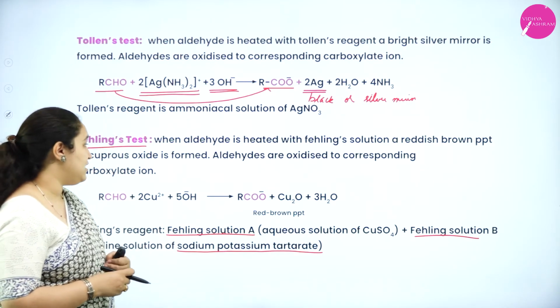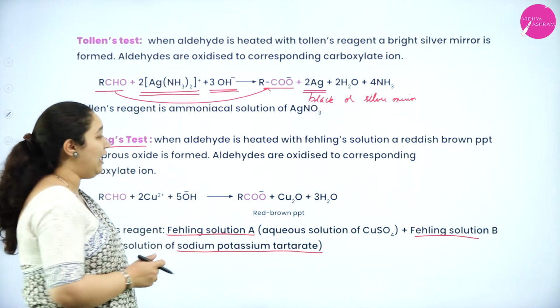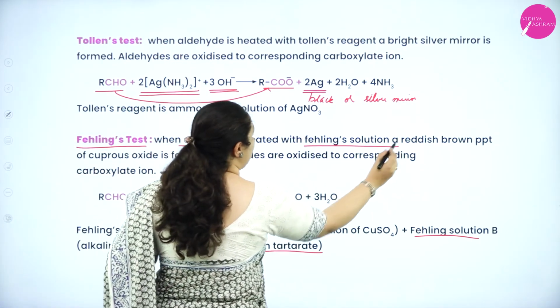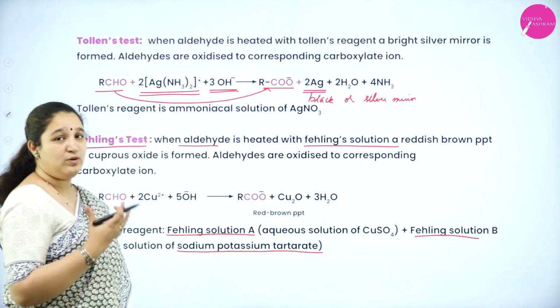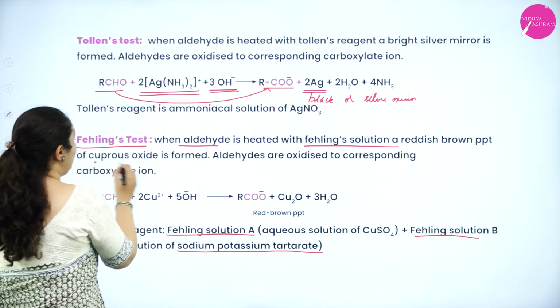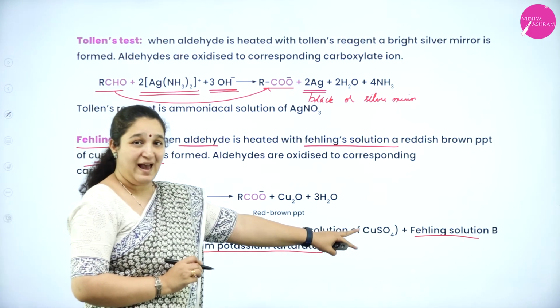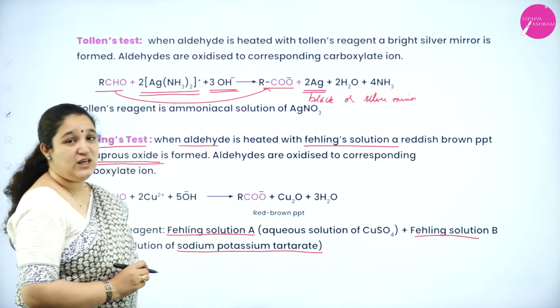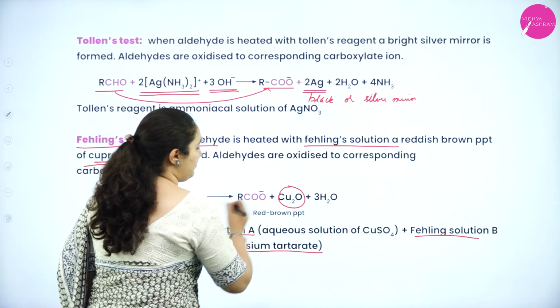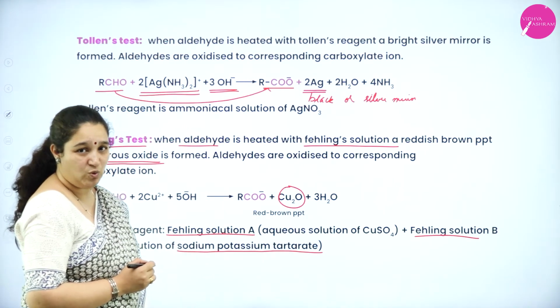Now, the Fehling's reagent, when it is heated with aldehyde, okay, then a reddish brown precipitate of cuprous oxide is formed. We know copper sulfate is there and that is getting converted to Cu2O, red brown precipitate of Cu2O is formed.